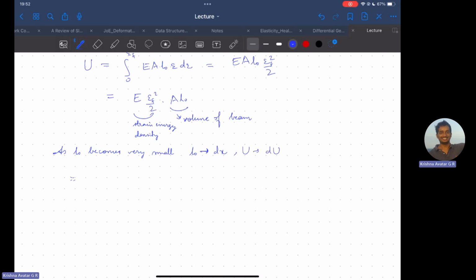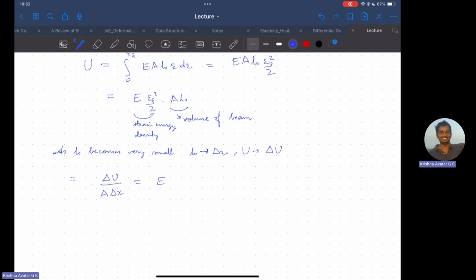So in that case, or let's say L tends to delta x, this becomes delta u. So you'll have delta u divided by A into delta x.